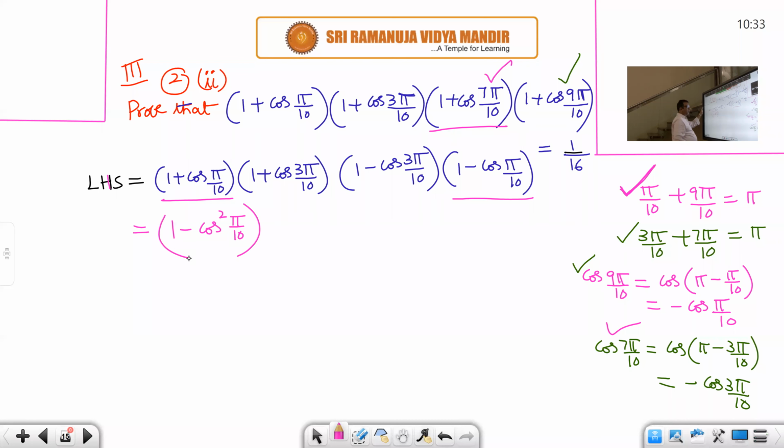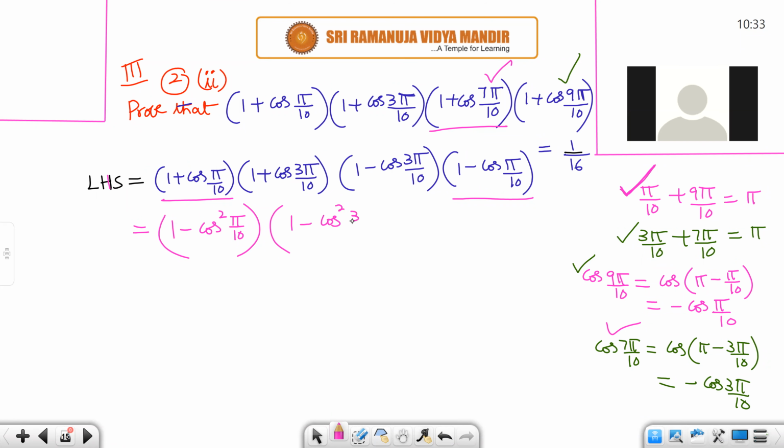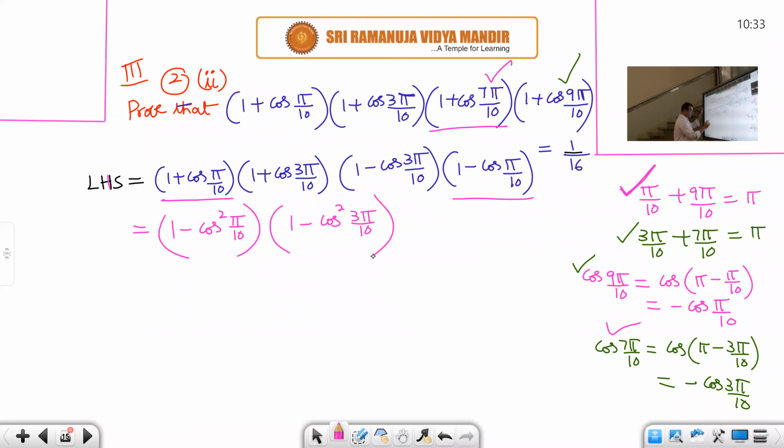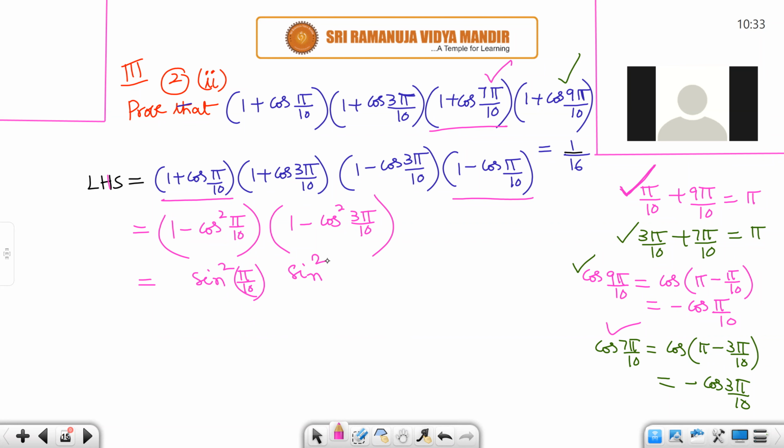Similarly, remaining two brackets, what is the result? 1 minus cos square 3 pi by 10, sir. Now tell me what is 1 minus cos square theta. Sin square theta, sir. So this becomes sin square pi by 10. Next, this becomes sin square 3 pi by 10.